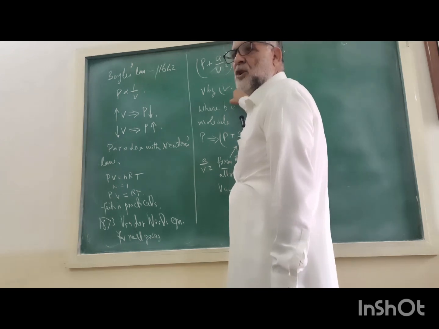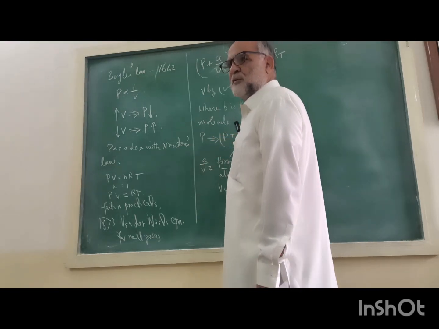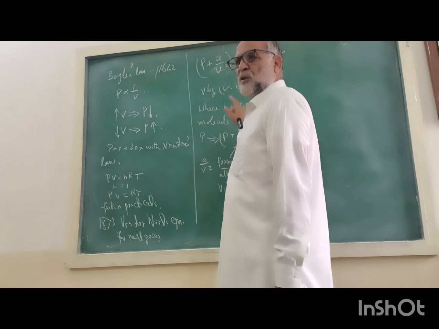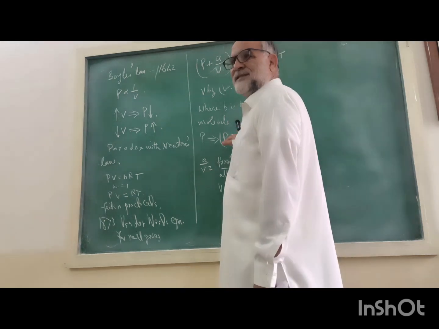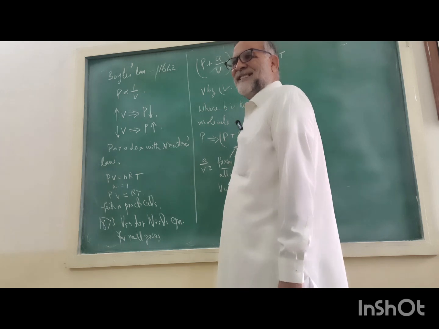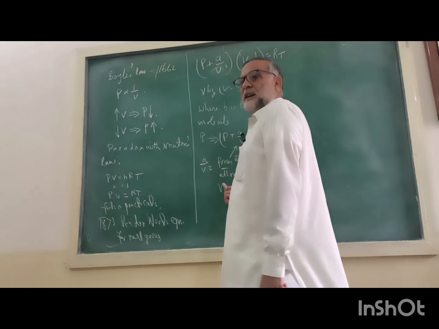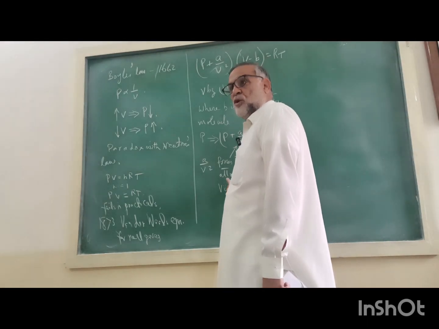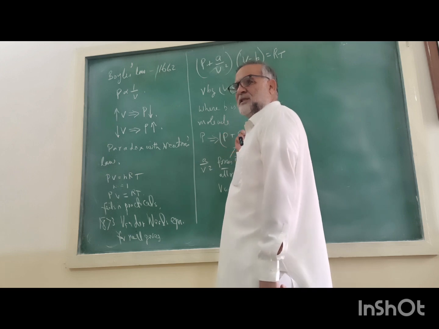But the other difference is P by P plus a over V squared, which we said is because of the van der Waals attractive forces. So we don't know this. What is a? So let us know this part of the forces between particles.